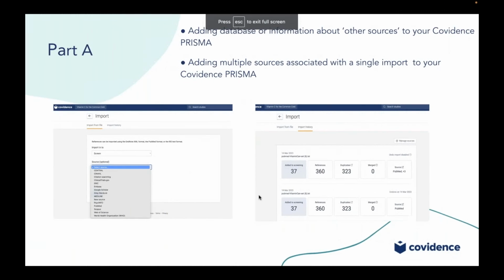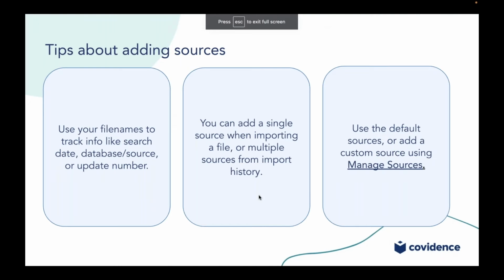Now going back to the slides and giving a small recap of what we just went through. As a summary, here are the important tips about adding sources in Covidence. First, you can now use your file names to track info like the search date, database source, or update number.